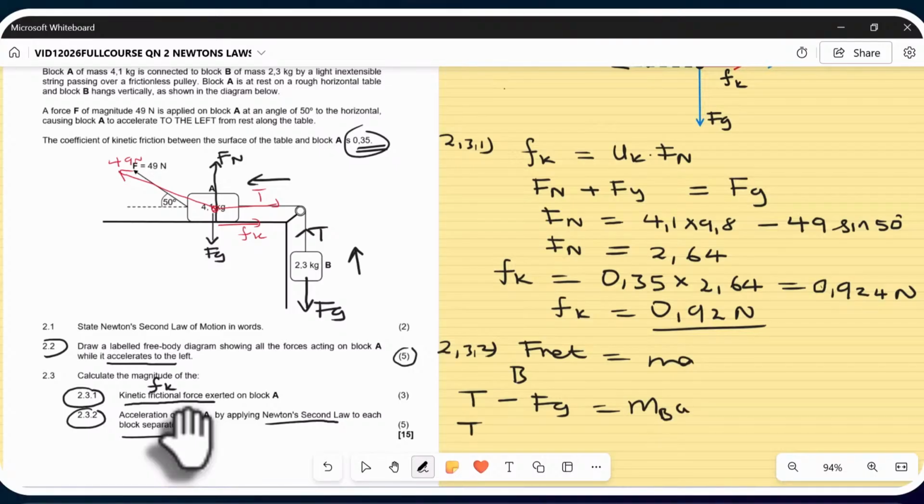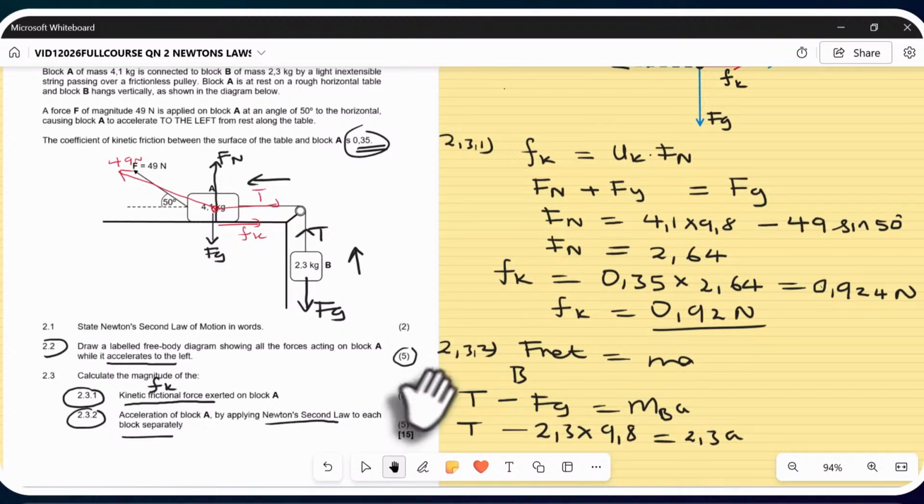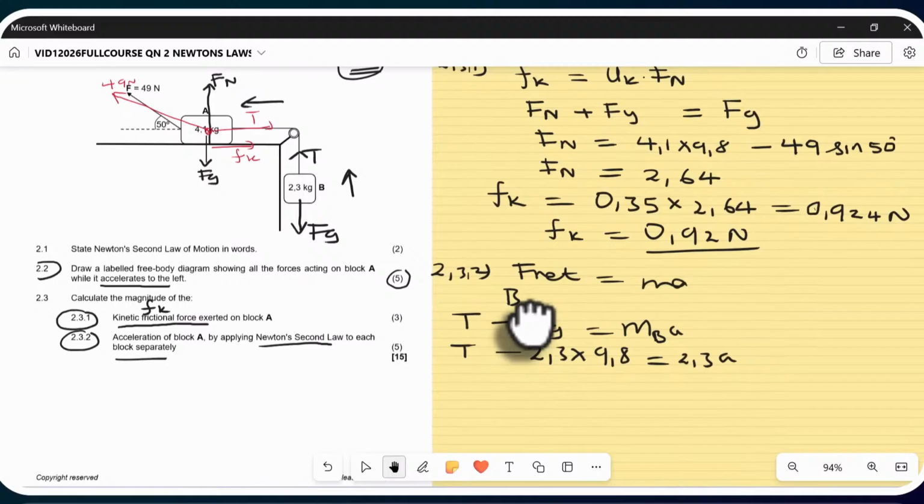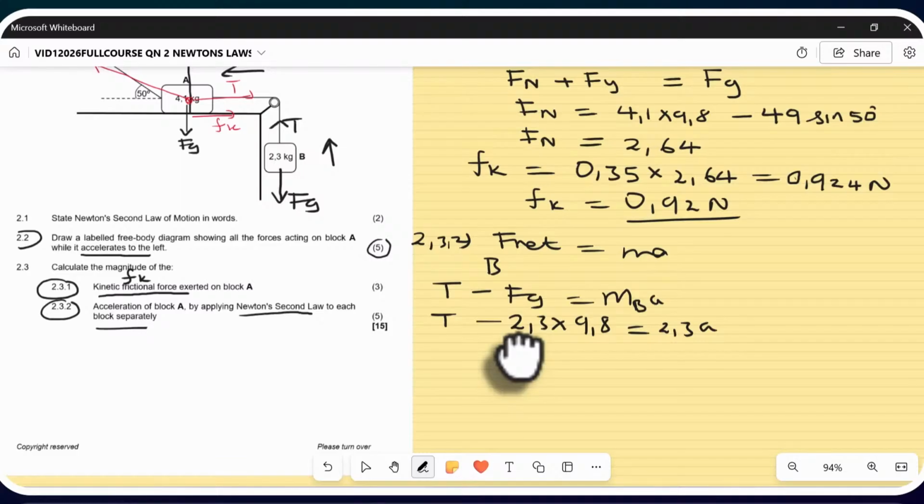From here, my tension T is equal to 2,3A plus, calculators, the 2,3 times 9,8. What does it give you? Here it gives me 22,54. And so this is equation 1.